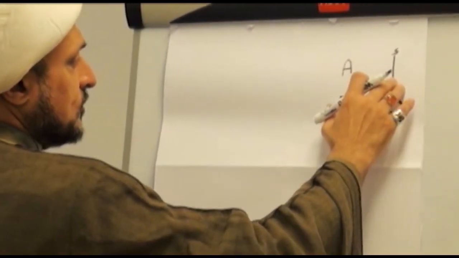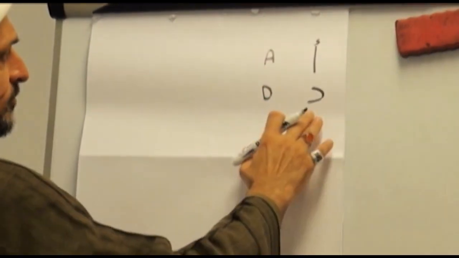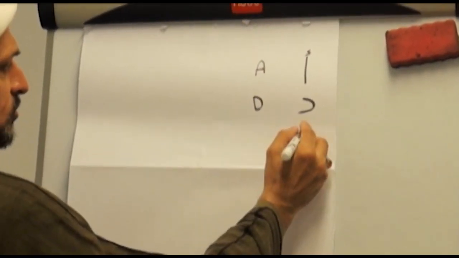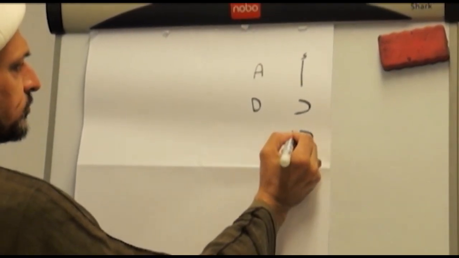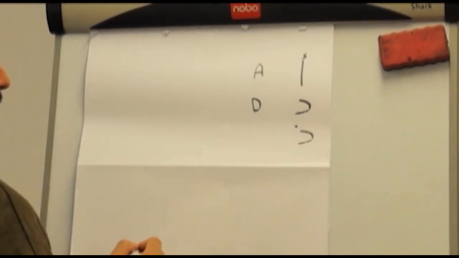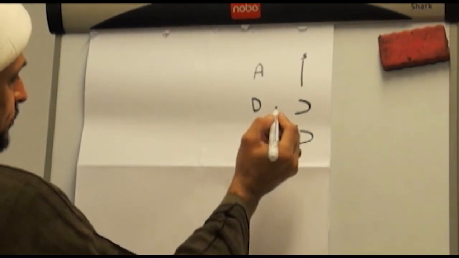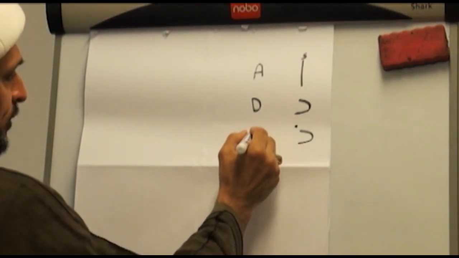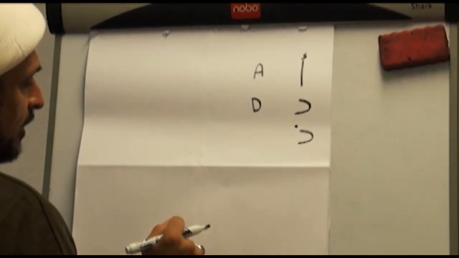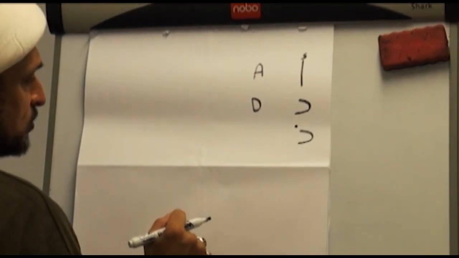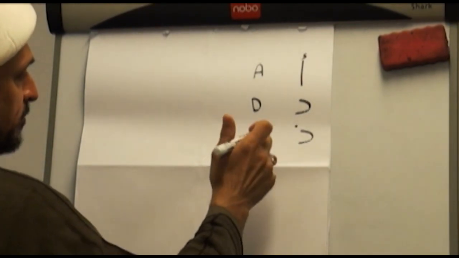So this alif is the A sound, D is the da sound, and then we have dhal, for which I don't have any English parallel, and I'm not going to go into phonics because that's a bit complicated for beginners.